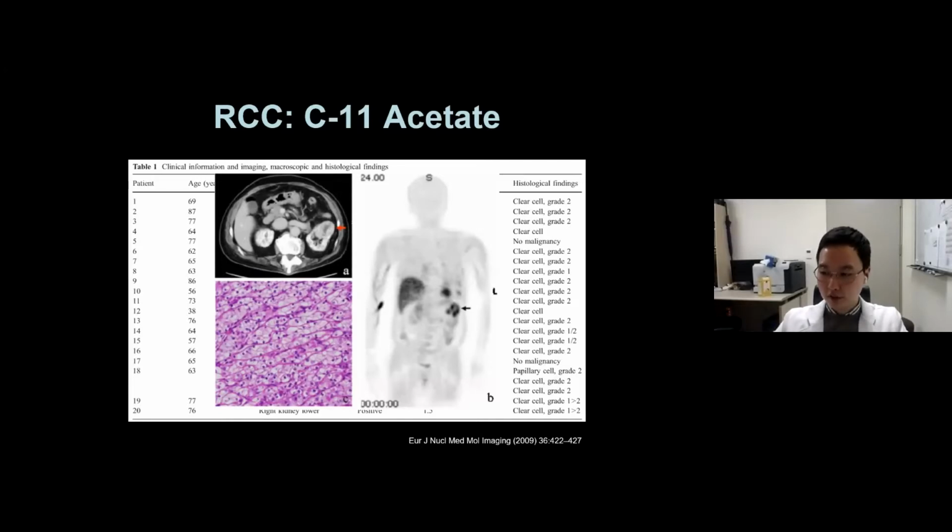So it is somewhat similar to the SUVs of FDG, like the FDG uptake was higher in the high grade or in the papillary cell type. So it might be quite relevant to the FDG findings too.